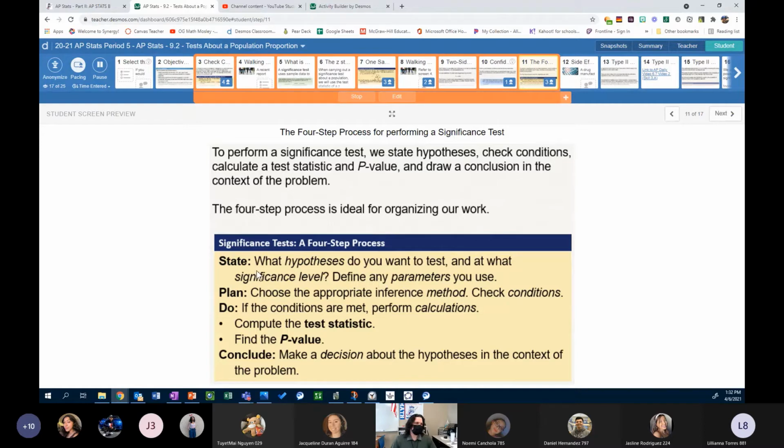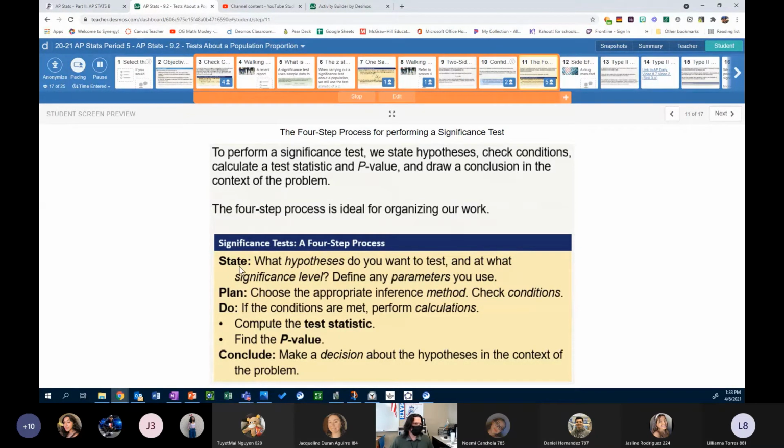The 4-step process is ideal for organizing our work and helps make sure we don't skip anything that we need to do. So we have the 4-step process for significance tests. This applies to proportions and means. We'll use the same 4-step process; we just change the inference method depending on if we're doing proportions or means.